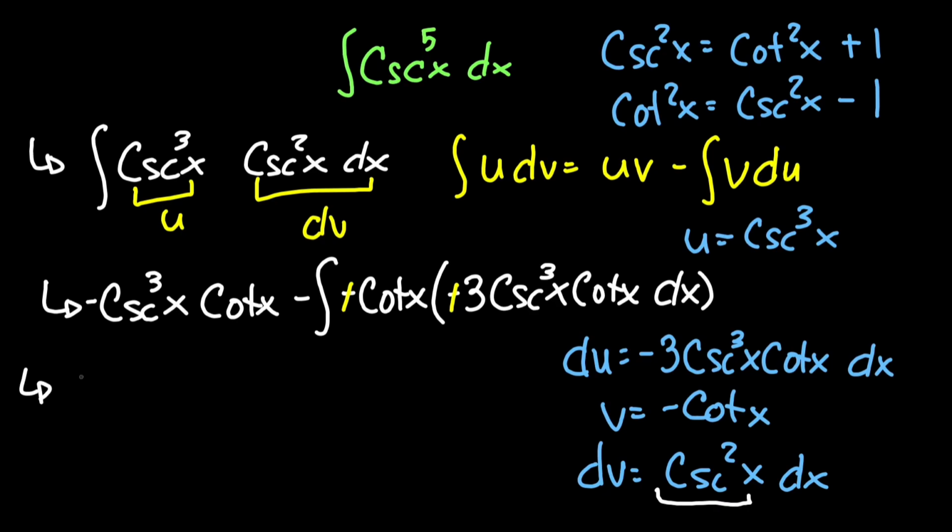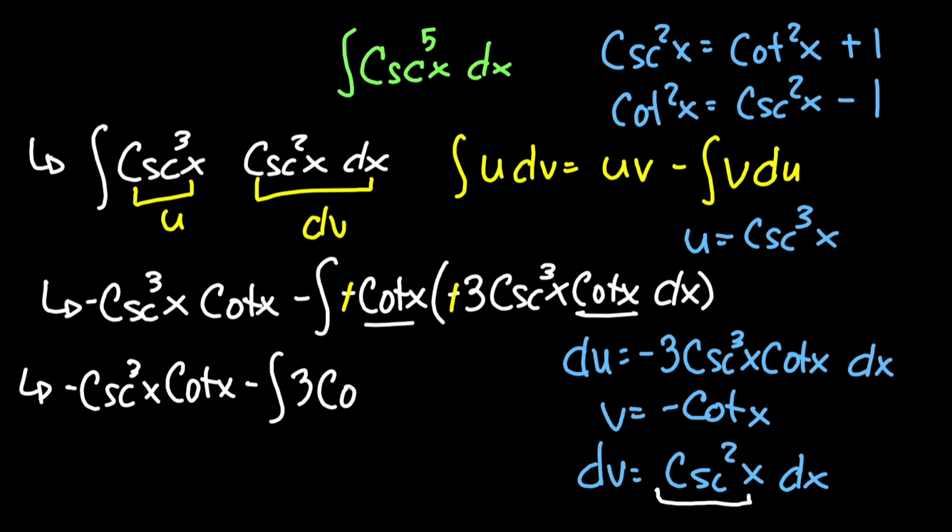And so, the simplified form here would be equal to 3. The cotangent here would multiply, so this would be cotangent squared of x multiplied by cosecant cube of x dx.